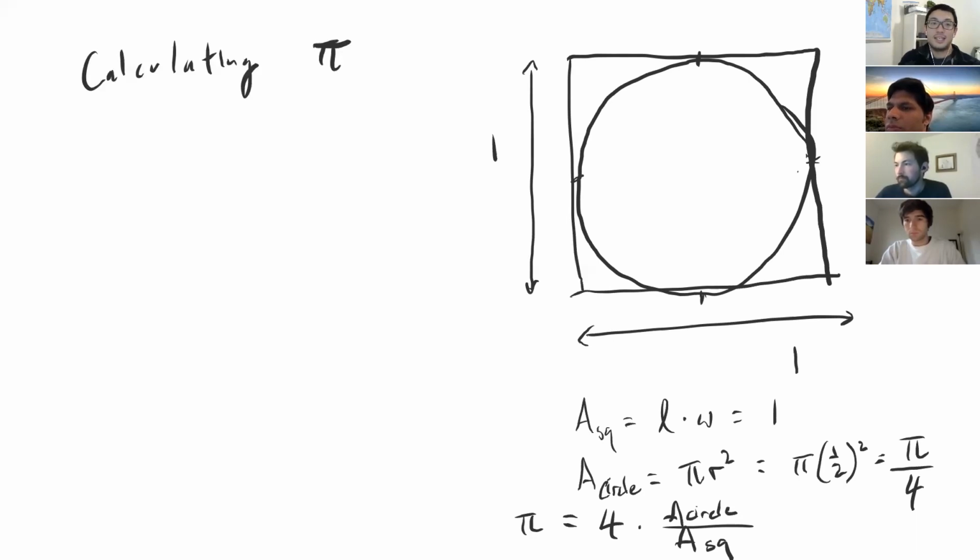So once I get to here, I can know something interesting about this property between the circle and the square, which is a direct relationship between the areas. Okay, and so how would I go about taking advantage of this in the context of sampling?